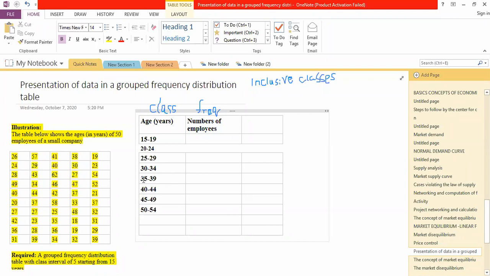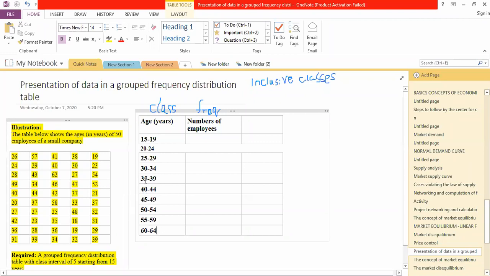Have we exhausted the data? Not yet, we still need to move on. The highest is 60 as I can see from the data. So we go to 55 to 59. 60 to 64, which I suppose will have accommodated the highest, the 62.